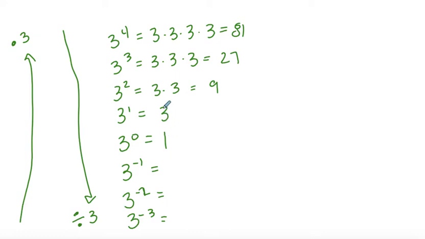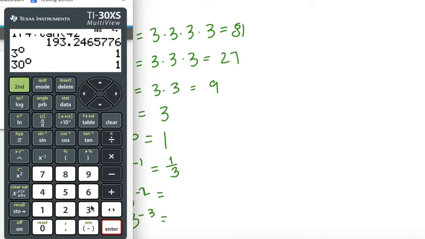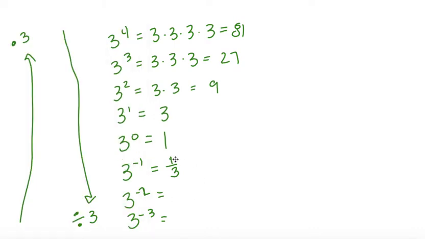If that follows, I should take 1 and divide by 3. So 1 divided by 3, let's see if I get that on my calculator for a -1 exponent. 3 to the -1 is 1 divided by 3. That works. Now I'm going to divide by 3 again.